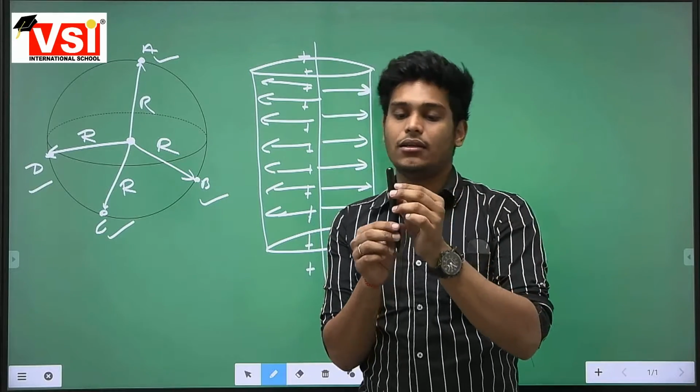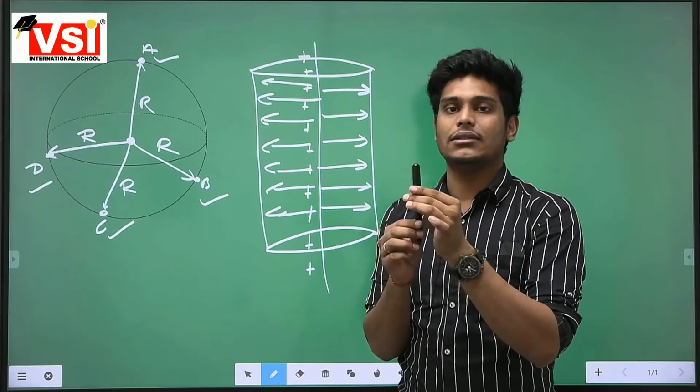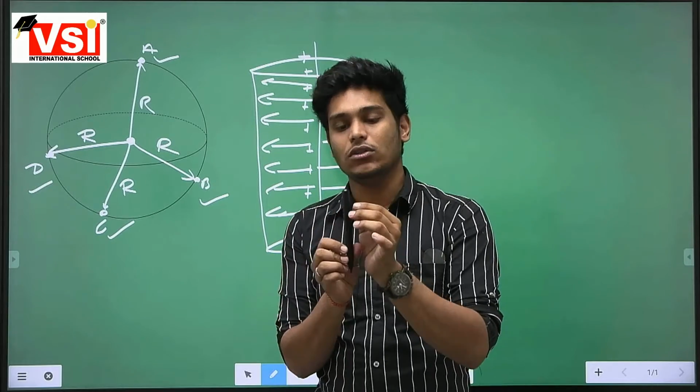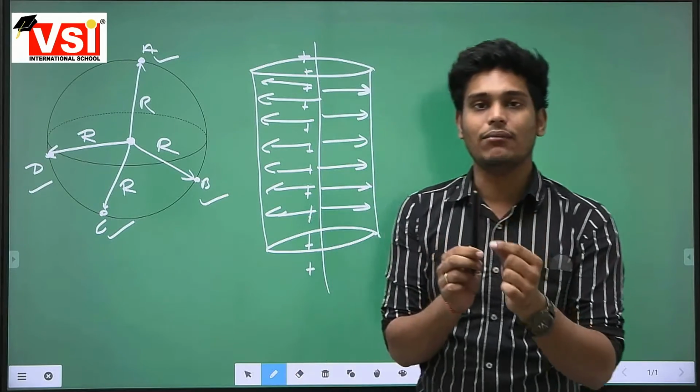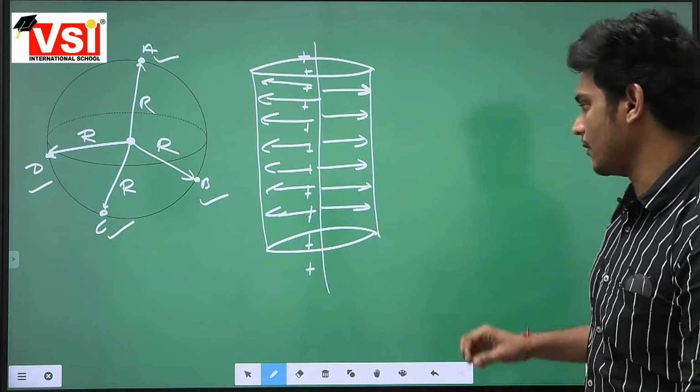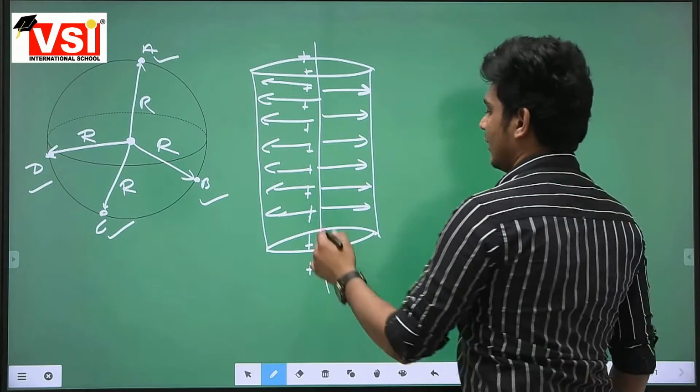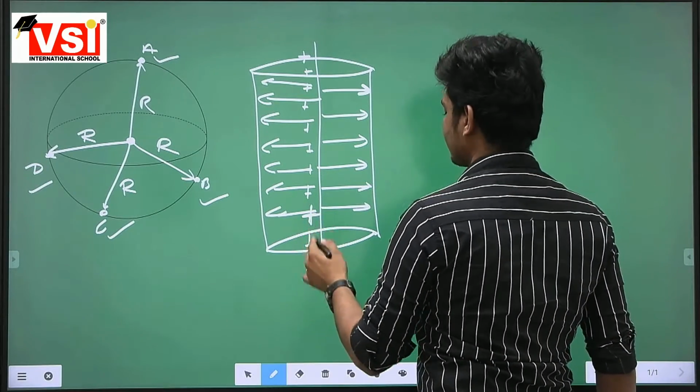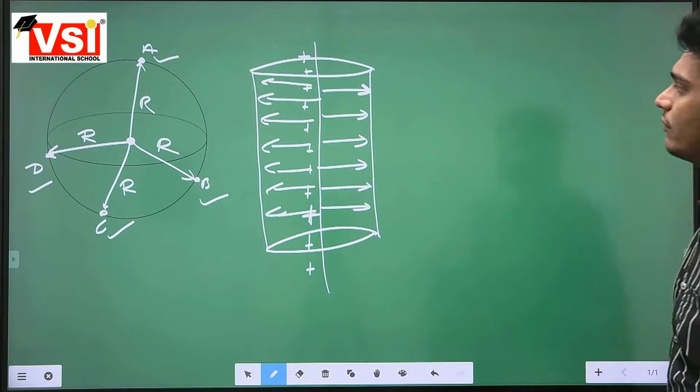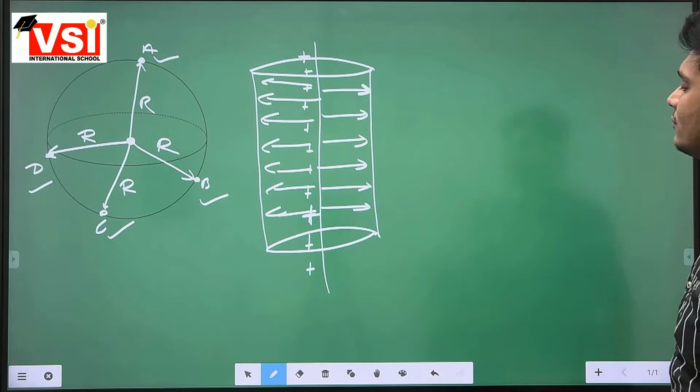We can say that the surface is called an equipotential surface because each and every point is at the same distance from the center. That is why we can consider it an equipotential surface. Is it clear to everyone?